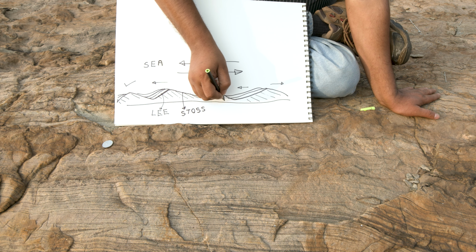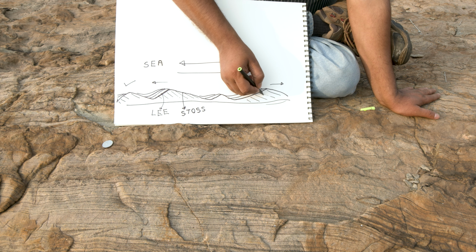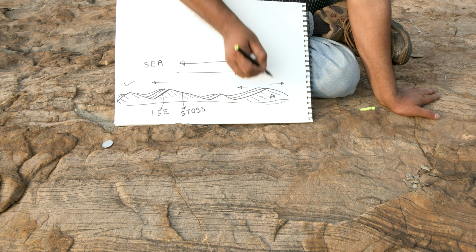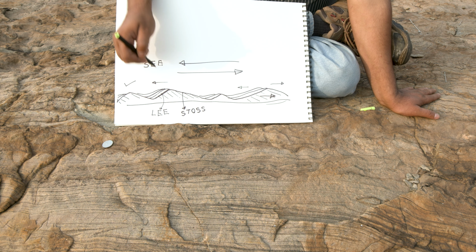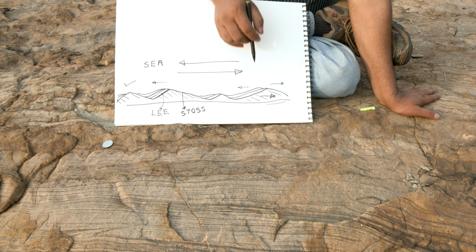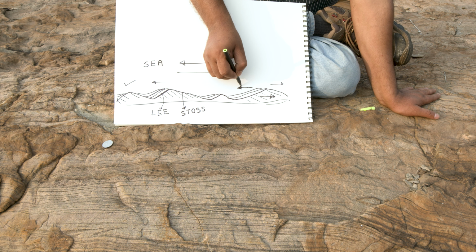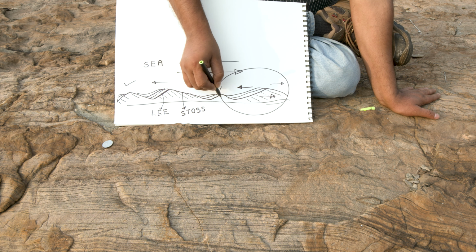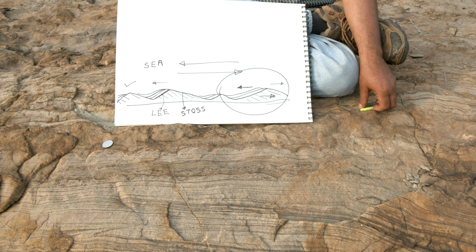In this particular section, the flow was in this direction, and in the next segment of the tide, the flow was in this direction, and that results in this kind of interesting oppositely verging ripple migrations and internal laminations. This is very important, and if we see this kind of features in cross beddings, then we call them herringbone cross stratification.